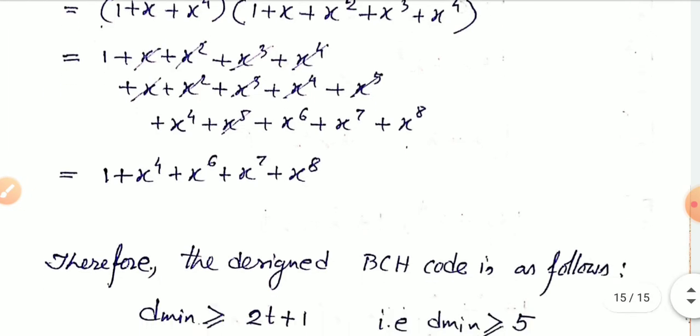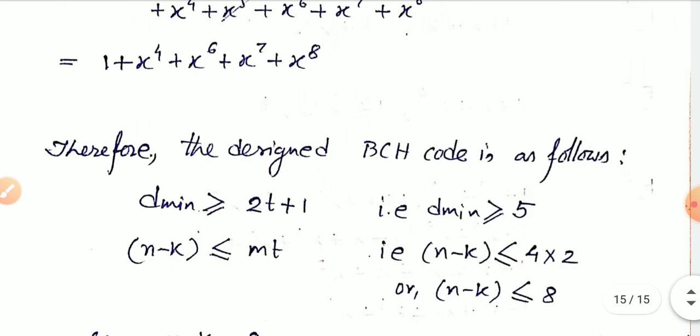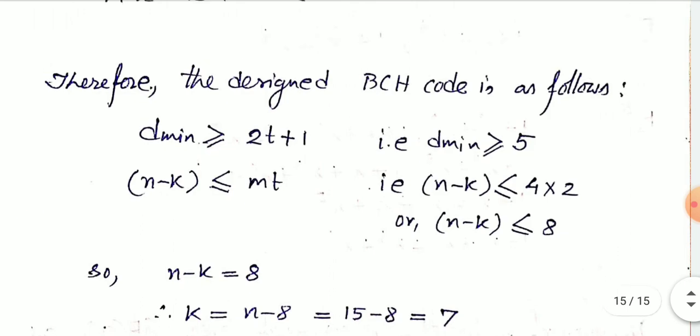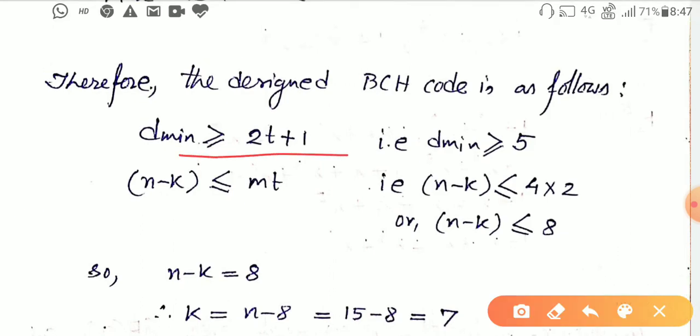Now the question is, in this BCH code, what will be the d-min? D-min should be from the specification. We already know that for the BCH code d-min should be greater than or equal to 2t plus 1.